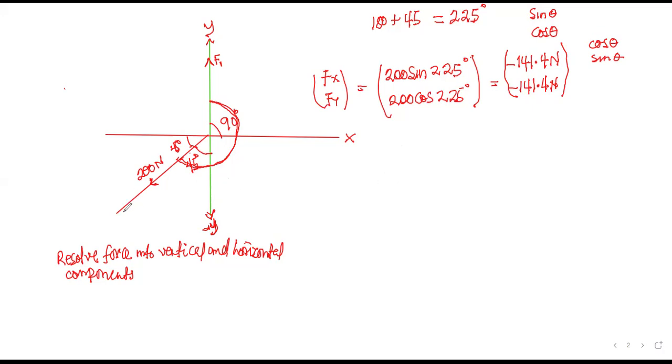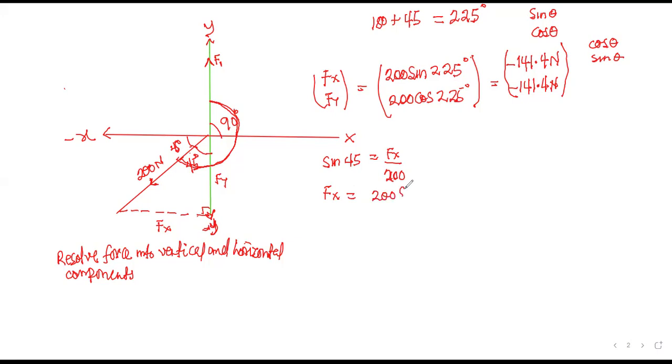But I should not lose sight of the fact that if you are using the angle 45, this will become the Fx, because though it's the opposite, it's along the negative x-axis, and this side is Fy, because it's along the negative y-axis. So sine of 45 is equal to Fx over 200.